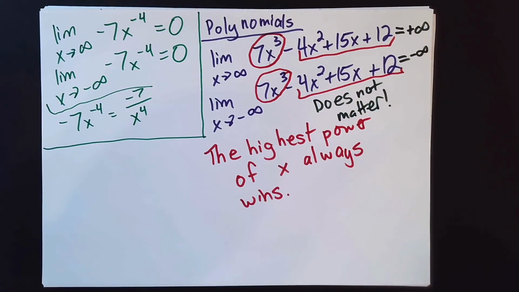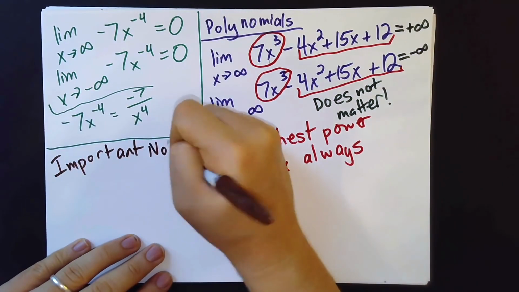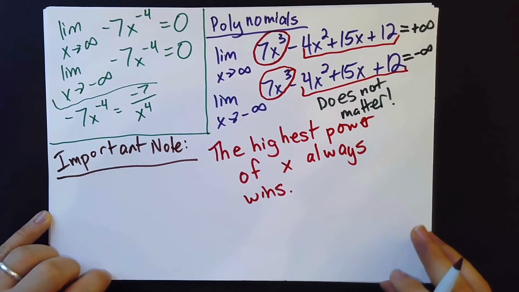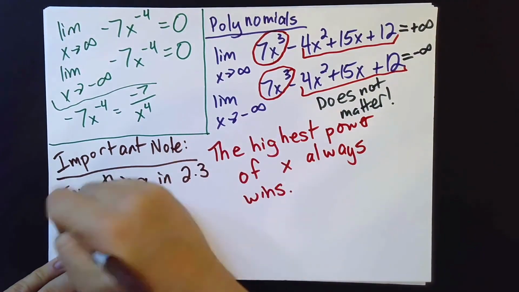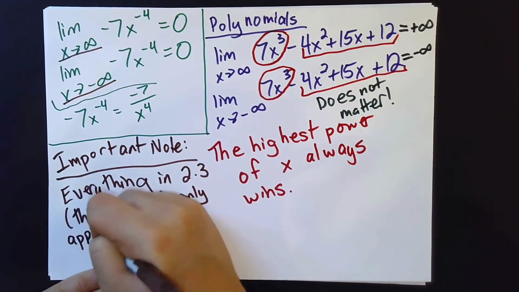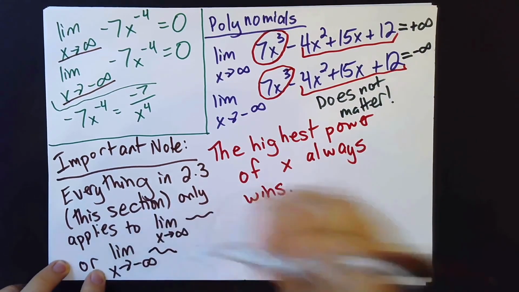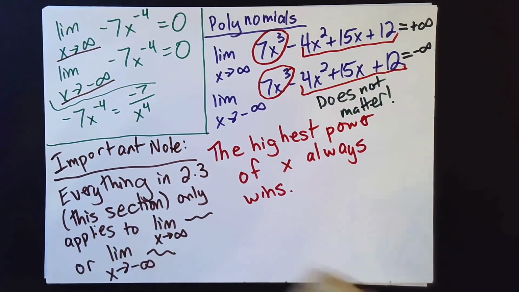Now, before we go too much further, I want to make an important note. And my important note is, everything in this section only applies to limits where there's an infinity or a minus infinity. So nothing in this section changes anything we learned before.